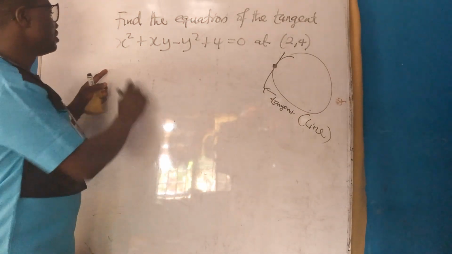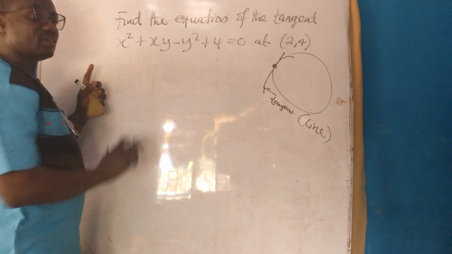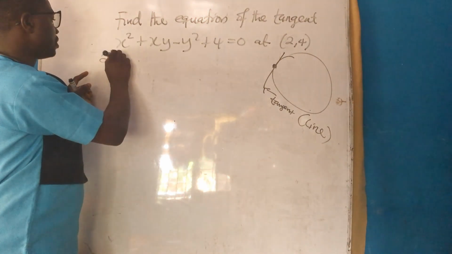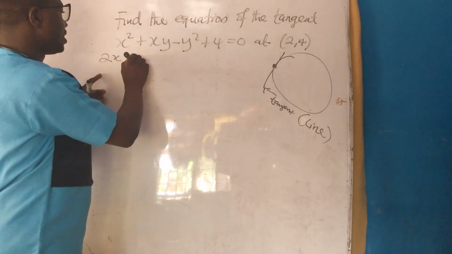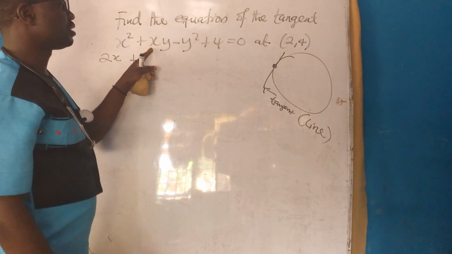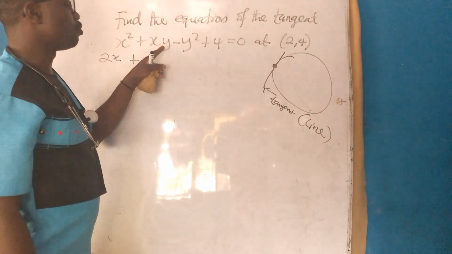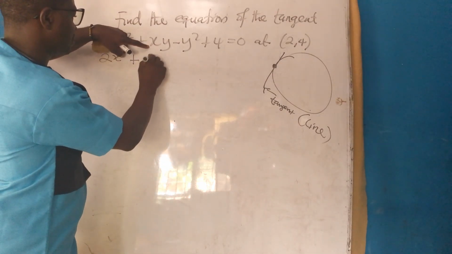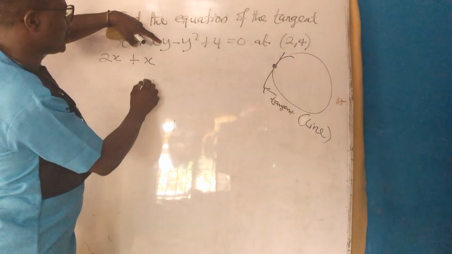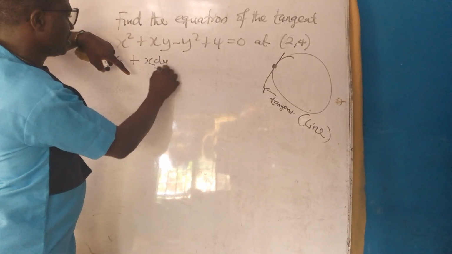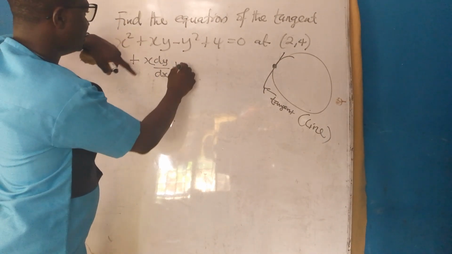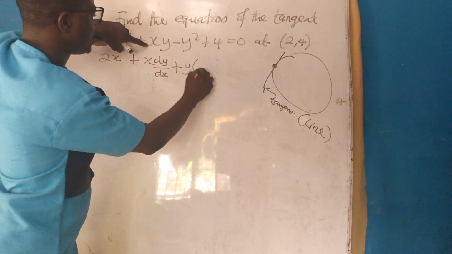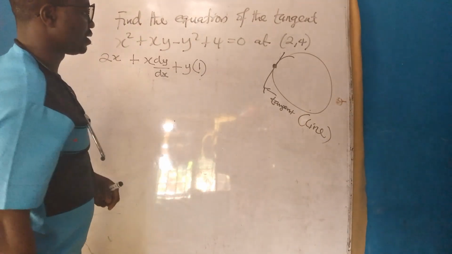So differentiating x squared gives 2x. Plus, when differentiating xy, it is an implicit function, so you maintain the x, then differentiate the y, which is dy/dx, plus now you maintain the y, then differentiate the x, which is 1.